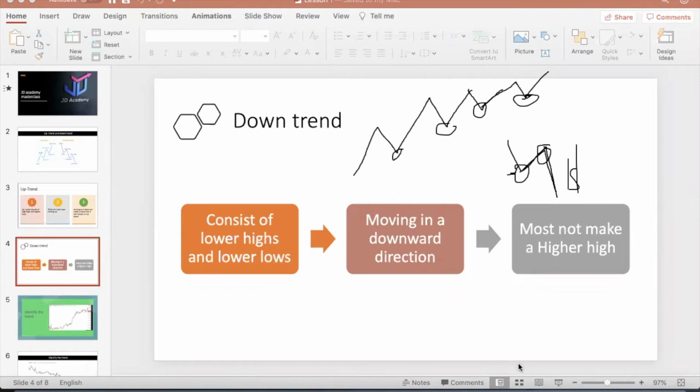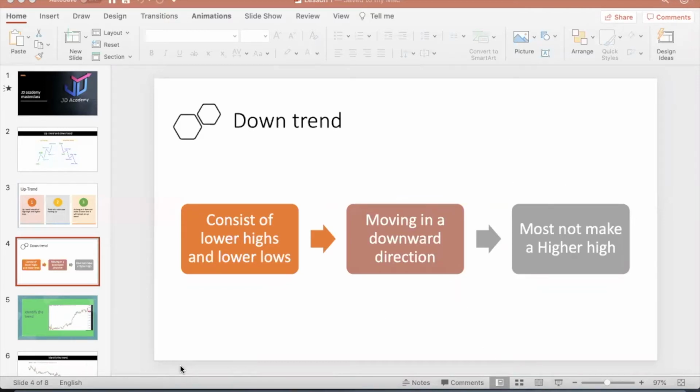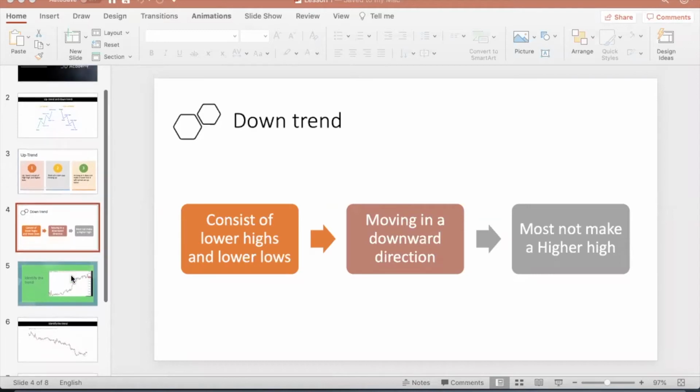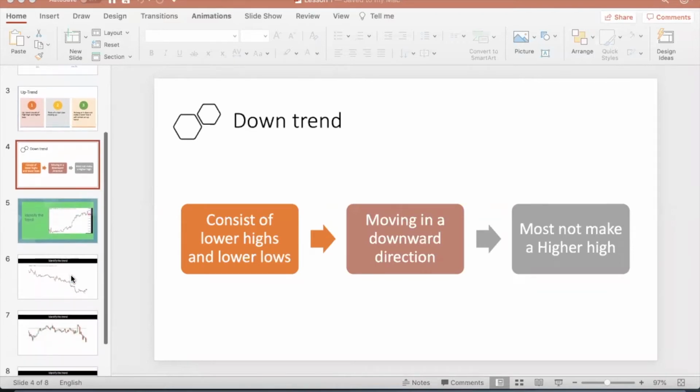So knowing market structure helps you get in at better entries, and it helps you kind of predict the market, where the market's going to go. All right. So I'm going to show some examples of market structure, me labeling my higher highs and higher lows. All right.